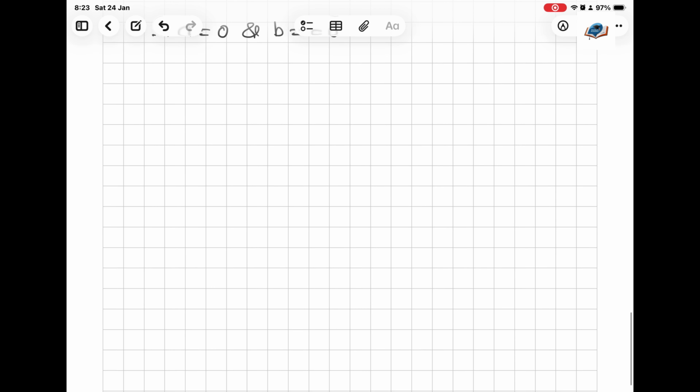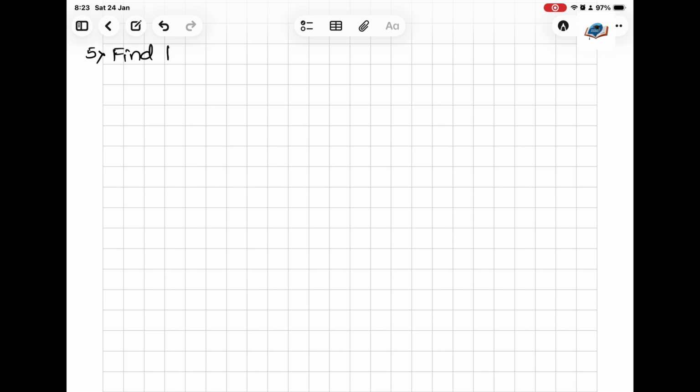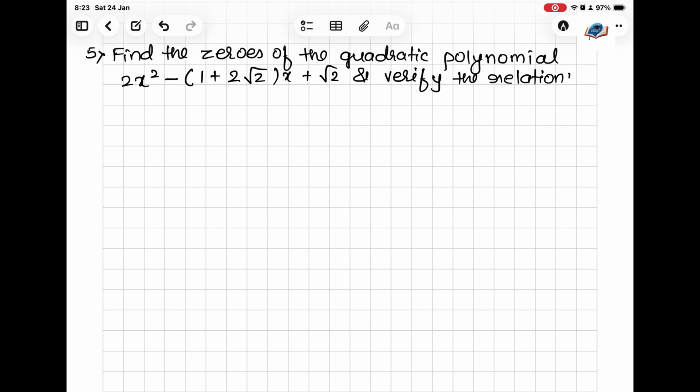Now coming to the fifth question, it says find the zeros of the quadratic polynomial 2x square minus (1 plus 2 root 2)x plus root 2 and verify the relationship between the zeros and coefficients of the polynomial.